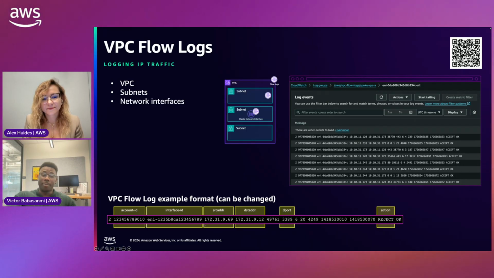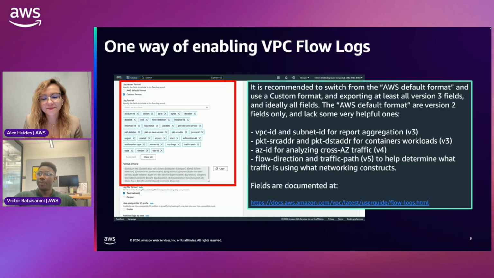There's a lot of very helpful information in the logs that can help you understand what IPs are talking to each other, how many bytes they're sending between themselves, how many packets, if it's TCP traffic, if it's UDP traffic, if your security groups or network access lists are dropping the traffic or allowing the traffic. Usually that would show up here in the action as either a reject or an accept. So there's a lot of helpful information in the logs.